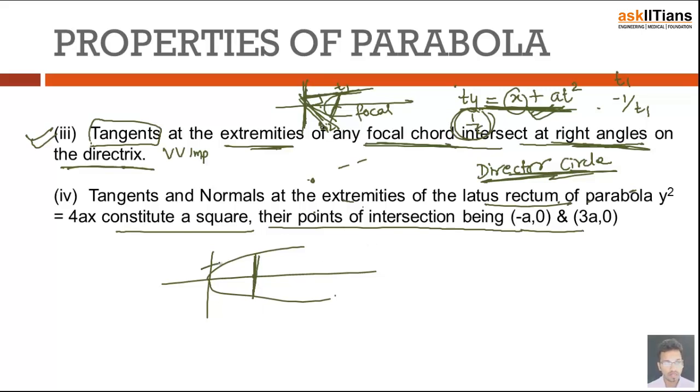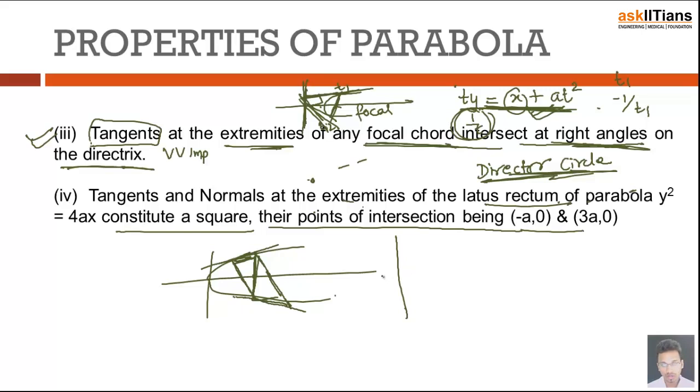If I draw a tangent here and a tangent here, and this is not a proper parabola, if you draw it in a proper parabola and join it here, this will form a square, although it's not looking like a square right now, but you can draw it properly.